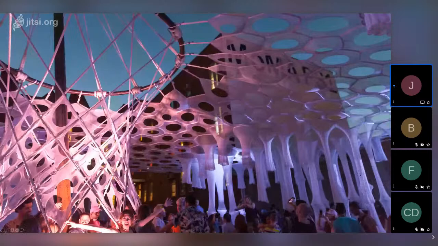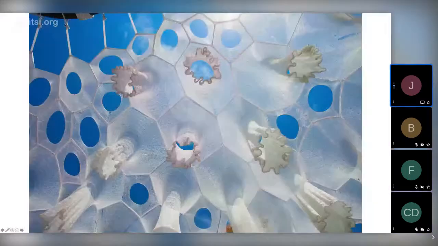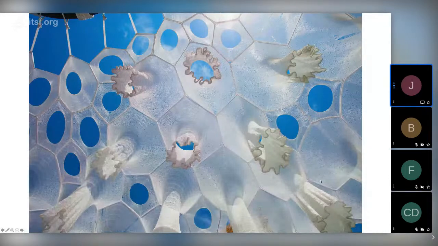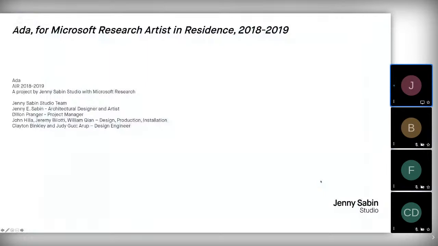And so I'm going to conclude, and I'll go through this briefly with a more recent project, which again builds upon the success of these structures and textile material systems, the collaborations that I've had with Arup, Shimaseki, Daisy Fabrics, and others. And this is a project for Microsoft Research affectionately titled ADA.